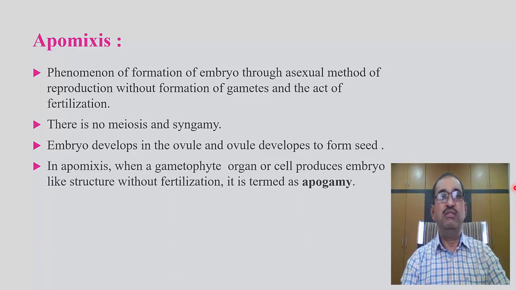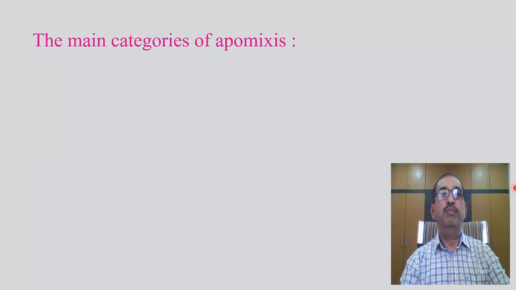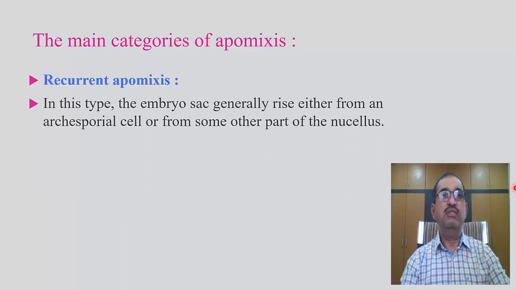In apomixis, when a gametophyte organ or cell produces an embryo-like structure without fertilization, it is termed apogamy. Similarly, when a diploid sporophyte cell produces a diploid gametophyte without undergoing meiosis, it is called apospory. Example, orange, mango, etc.